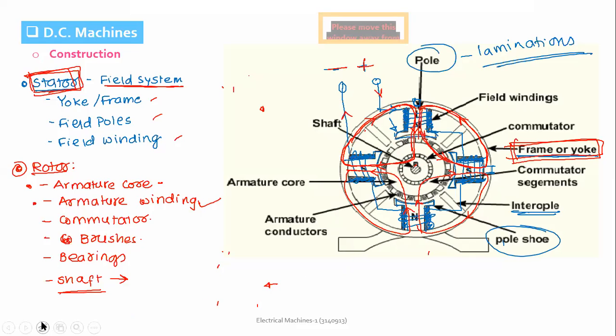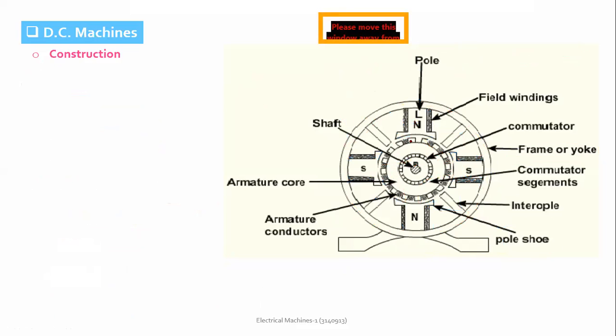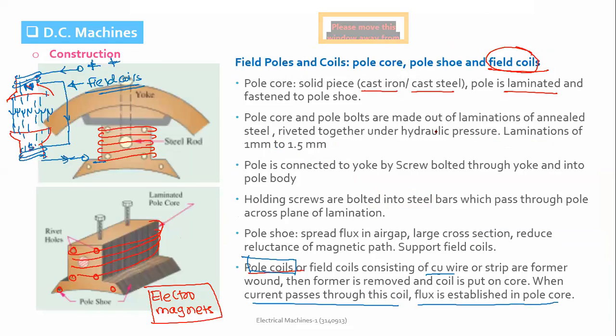any doubt about this here? So this is the core, the one which I am highlighting right now. These are the slots on the outer periphery of the core.